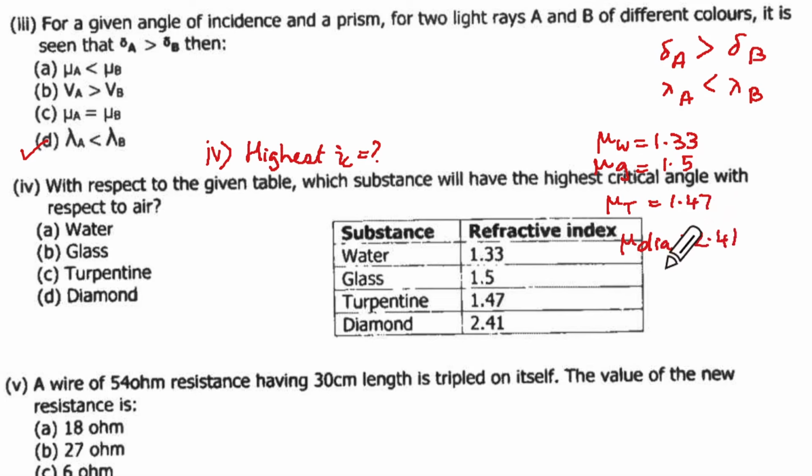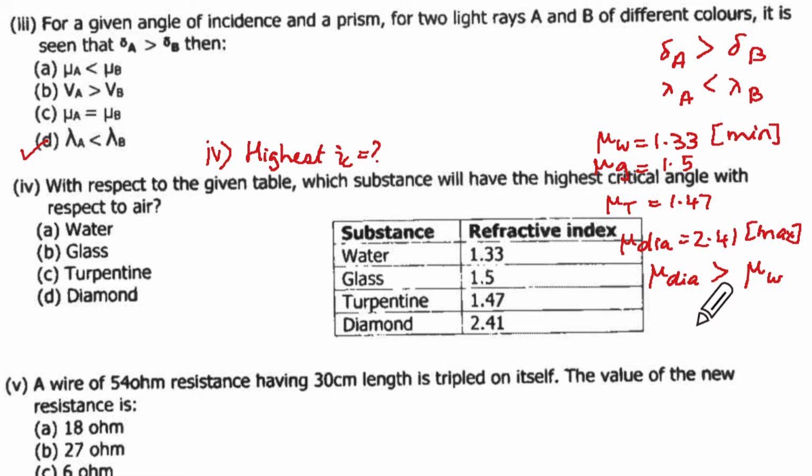So now remember, mu of diamond is greater than... which is the smallest? Mu water. So this is the max mu and this one is the minimum mu.